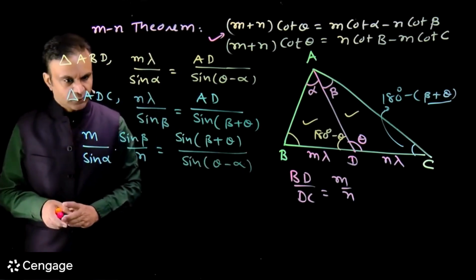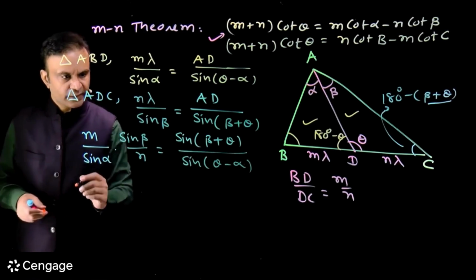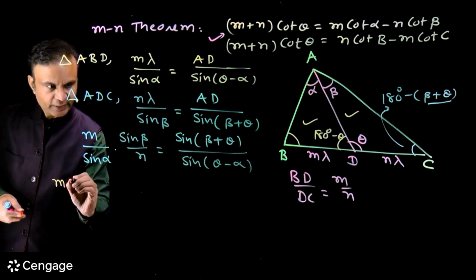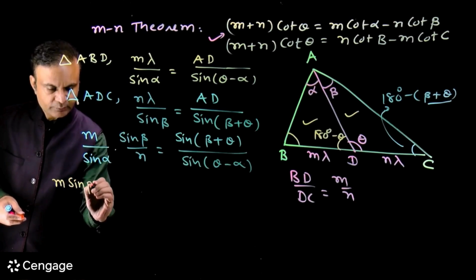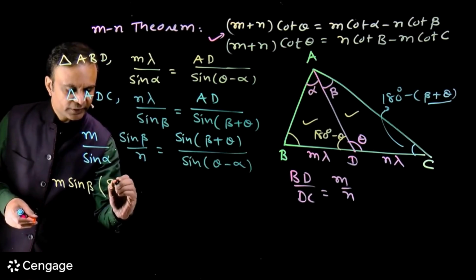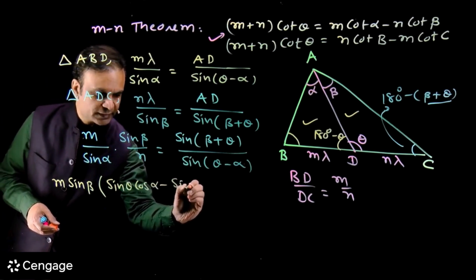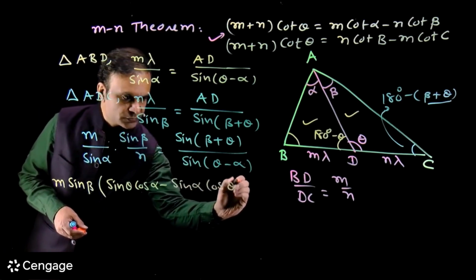Okay, now we cross multiply and simplify. We have m sine beta multiplied by sine theta minus alpha expanded, which is sine theta cos alpha minus sine alpha cos theta.